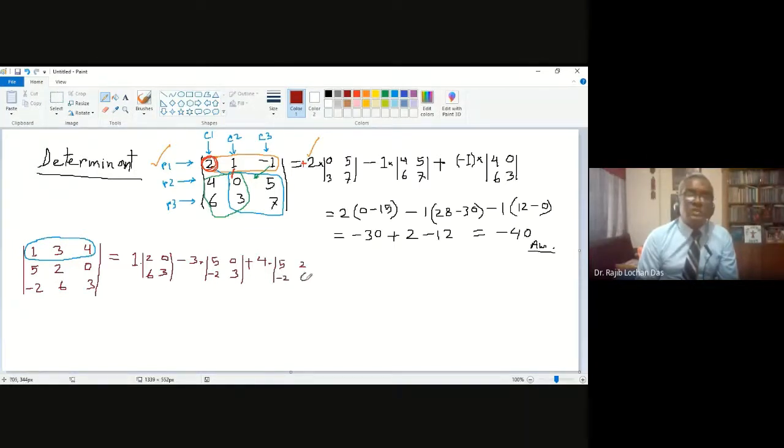And then do the calculation in the next line. So it is 1, then 6 minus 0. So minus 3 and 15 plus 0. Plus 0 minus 0 all the same. So it is 4, 30 plus 4.